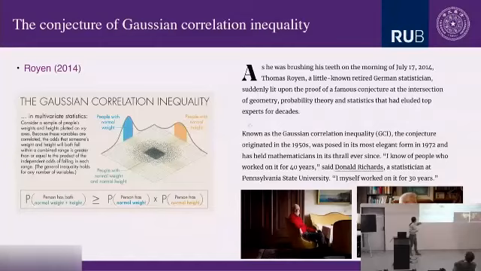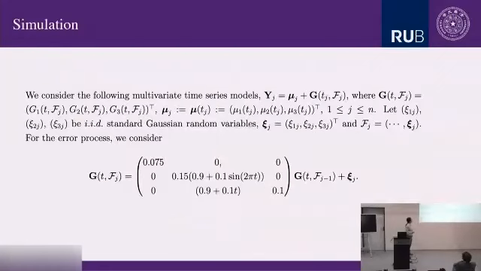It says that if a person has both normal weight and height, the probability can be lower bounded by the independent case: the probability of the person having normal weight times the probability of having normal height. This was solved by a retired German statistician in 2014 when he was brushing his teeth, and a lot of people have been working on this for many years.